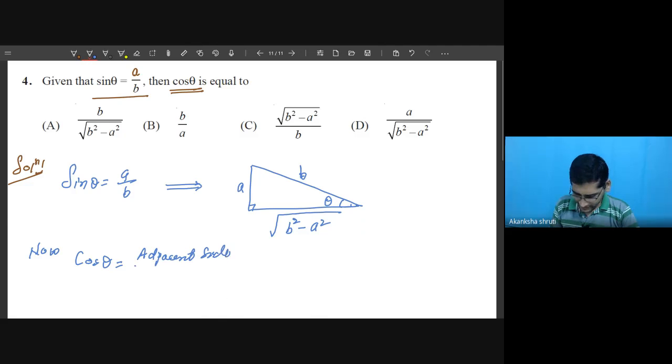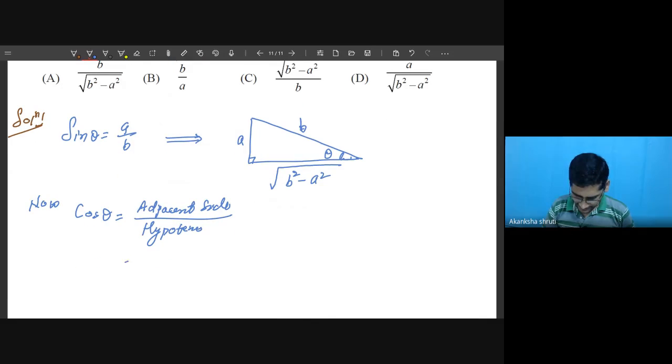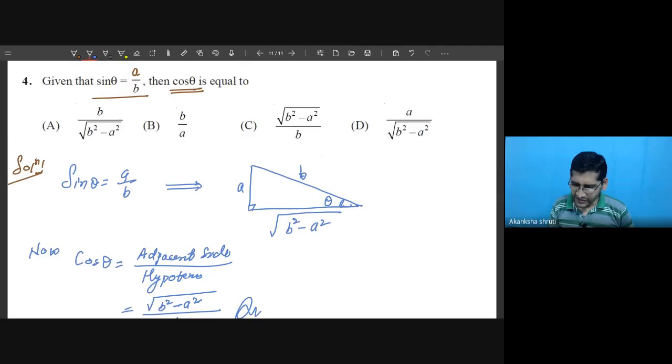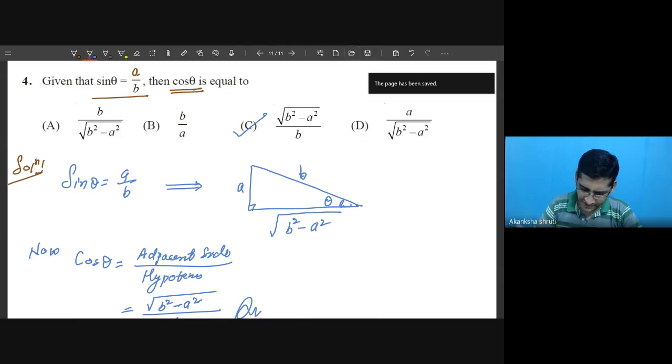So for this theta, the adjacent side is under root of b square minus a square, and the hypotenuse itself is b. So this will be the answer. ये इतना simple रहता है. So C is the correct answer. So यही approach आपको हर जगह apply करनी रहती है.